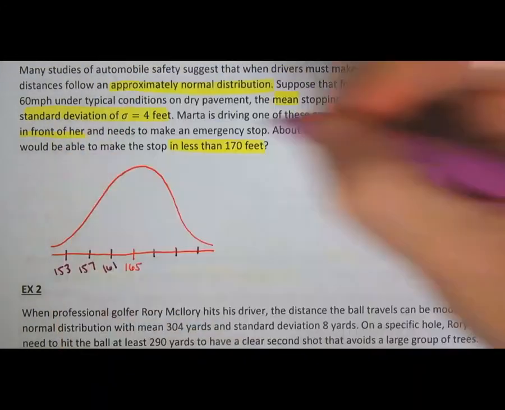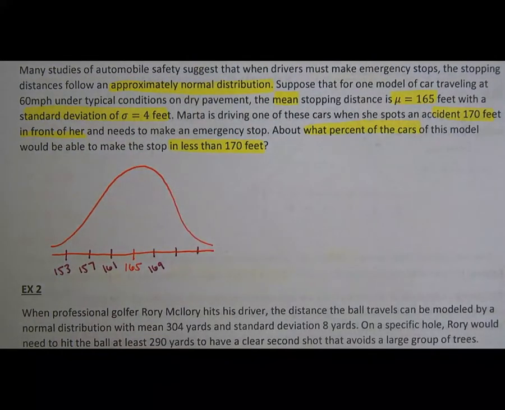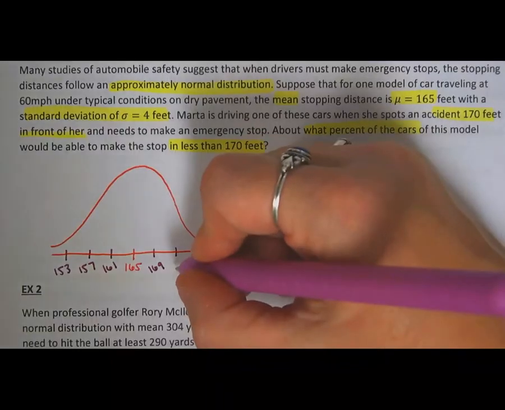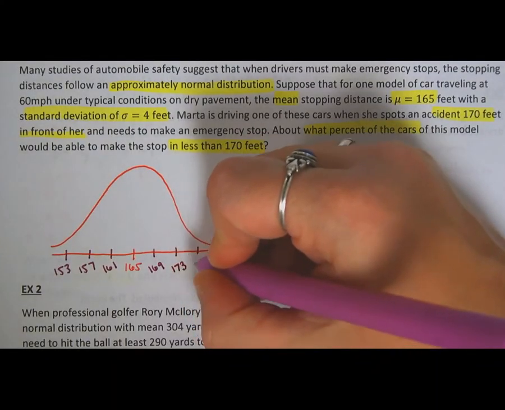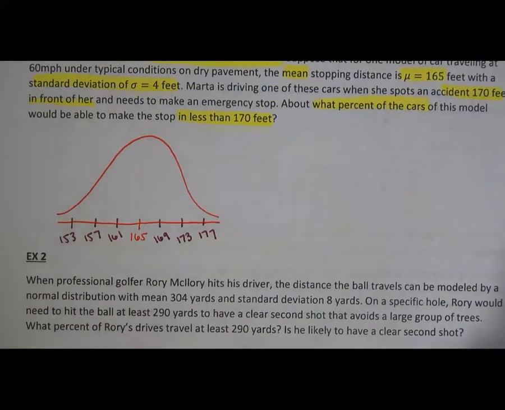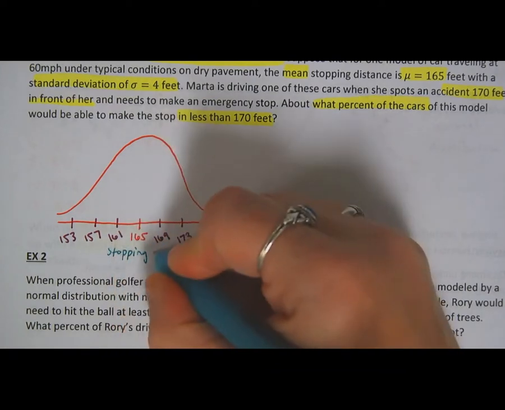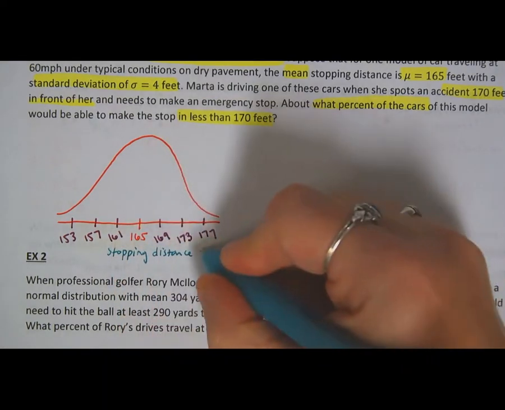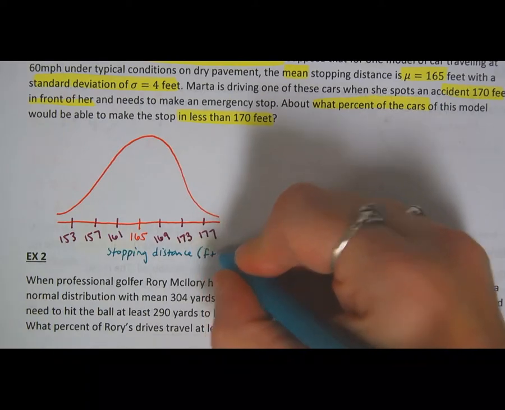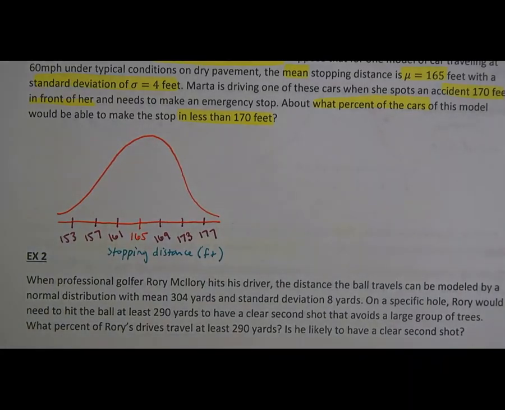That's a skill that you should have by now. Subtract 4, subtract 4, subtract 4. Add 4, add 4. And I'm going to go ahead this time and title it since I have stopping distance. One of the best things that you can do for yourself is label, because then you'll understand the meaning of the numbers. We're talking about how far it takes a car to come to a complete stop.